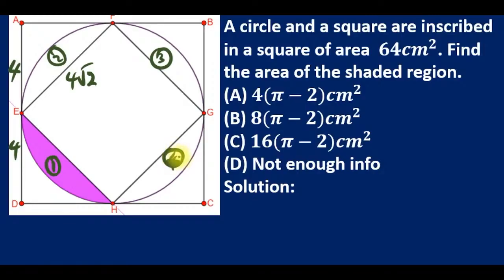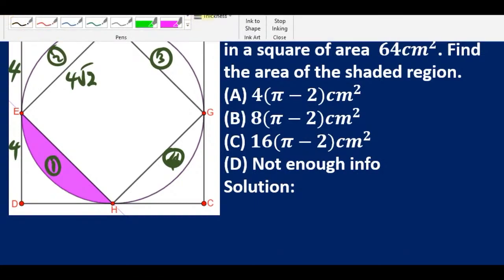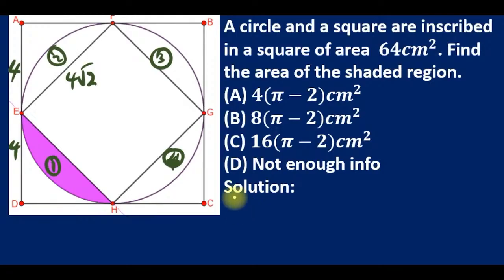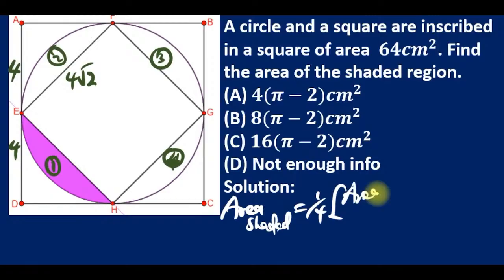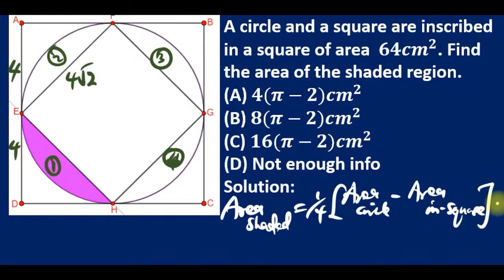So assuming they shaded all, the area is just area of this circle minus area of this square, but they shaded 1 out of 4, so the area shaded is 1/4 of area of the circle minus area of the inner square, not the circumscribed square, the square that is inside.